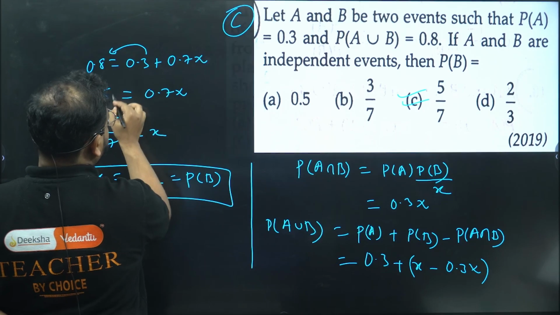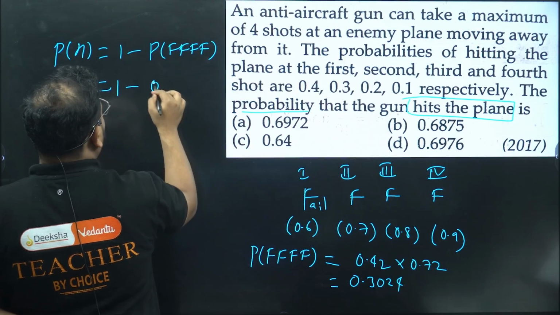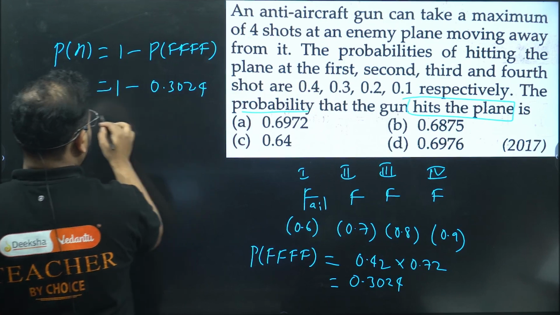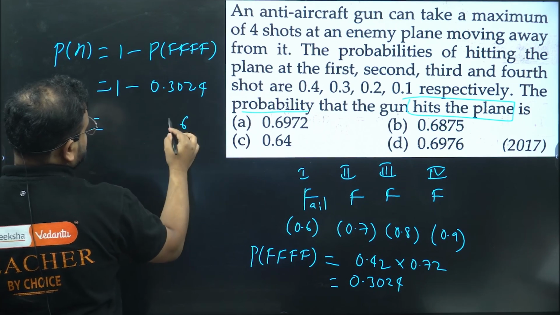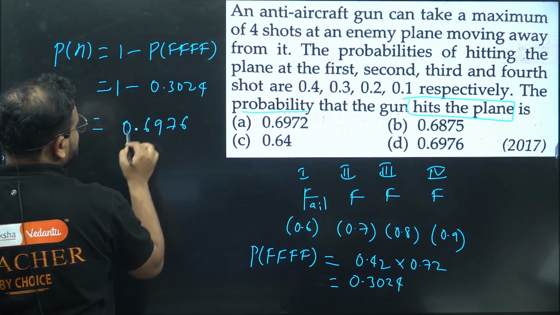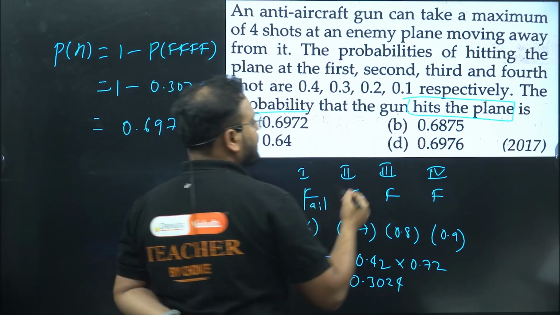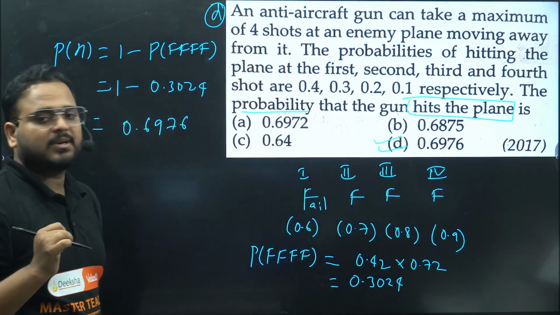So I have over here 1 minus 0.3024, which will become 0.6976. Option D is correct. Please check. Option D is correct.